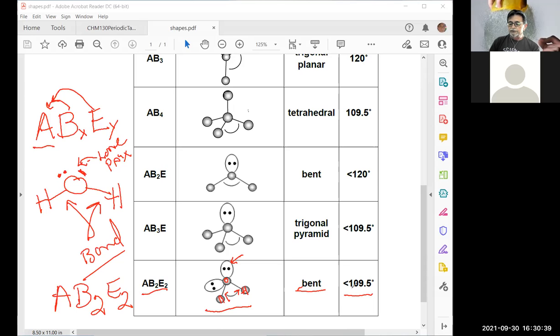You can see this number is less than 104. Now, the reason they do that is because the most common structure for the majority of compounds is this AB4, where we have this tetrahedral shape and this 109.5 bond angle. Remember, each line there represents electrons, and those electrons are negative charge.